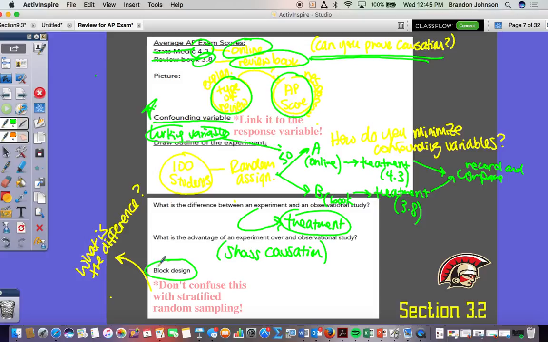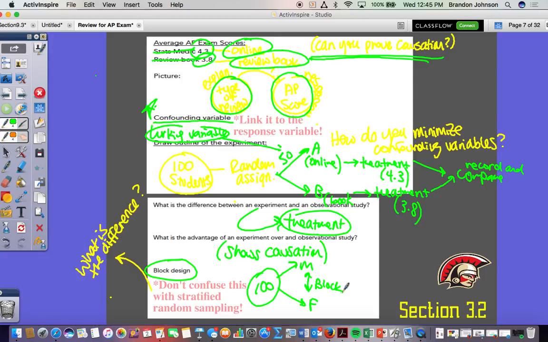You would have 100 students, and I would have male and female. Is that random? No, that's not random, okay? You're either a male or female. But this right here is what I call my block. So before I randomly assign, I have my males and my females.